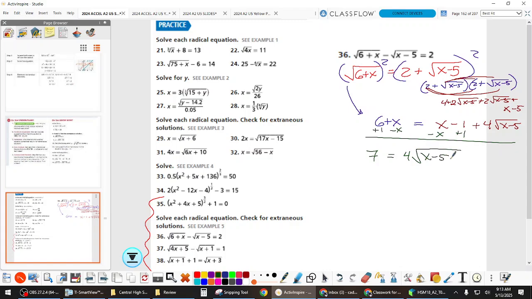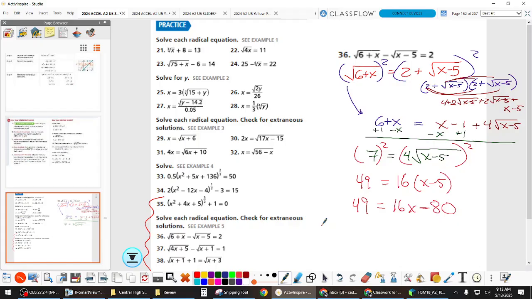Now you have to square both sides again. And we'll get 49 on the left. How about this? What does it become? I got 16x.